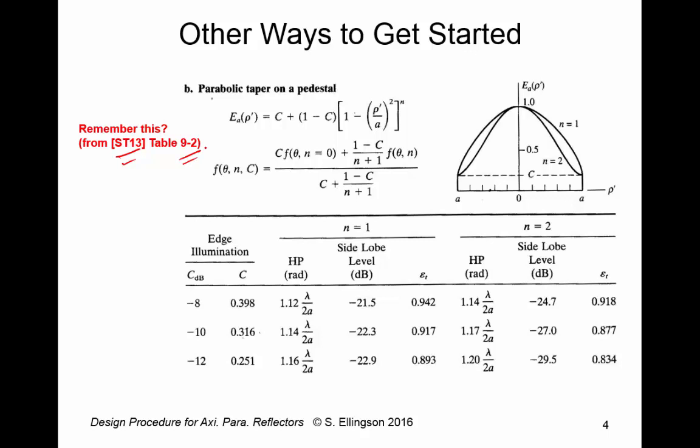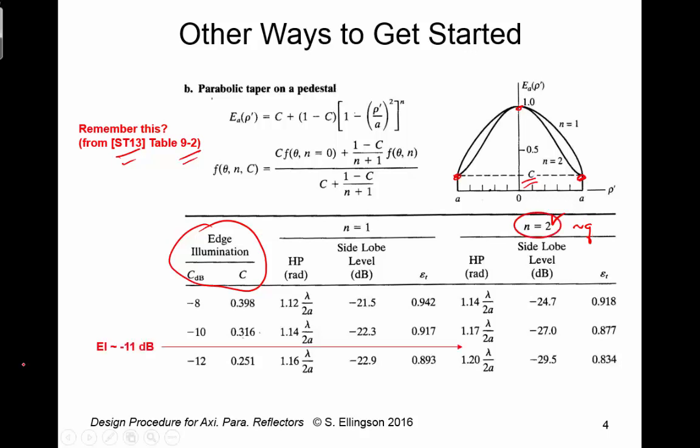The idea here is that we have a tapered illumination, maximum in the center, goes to some non-zero value called C here at the edges. Now, C is just edge illumination. And furthermore, we can make the argument that n equals 2 corresponds to the Q parameter in a cosine squared feed pattern.